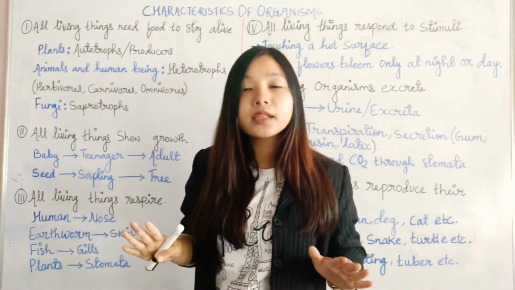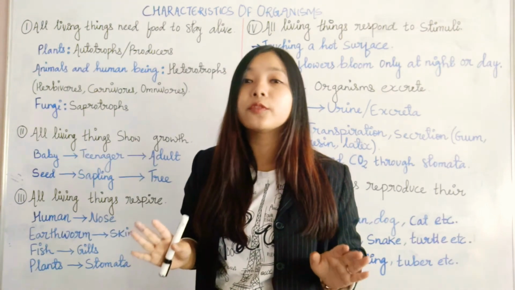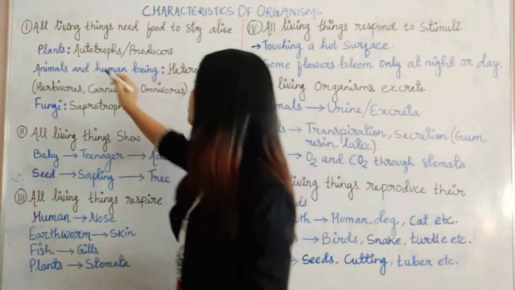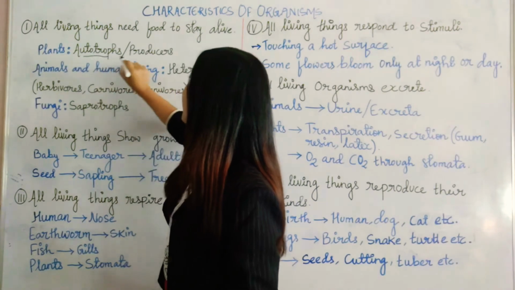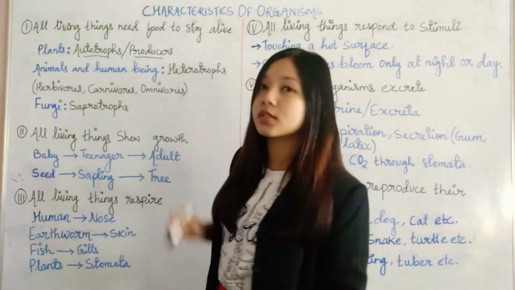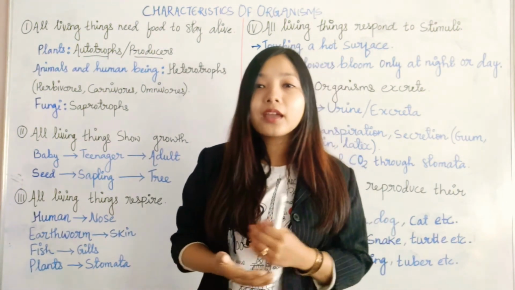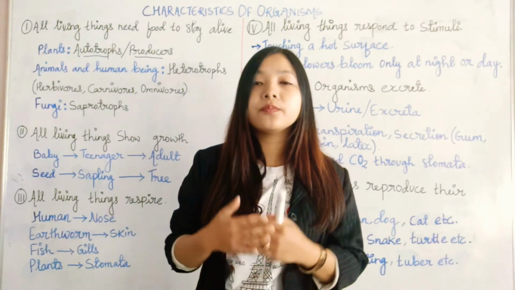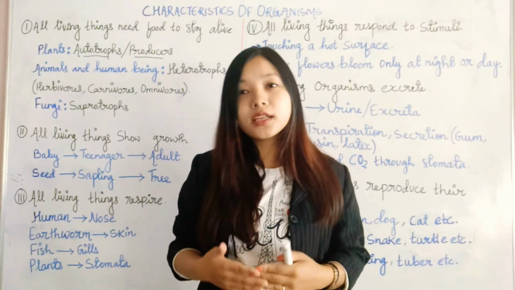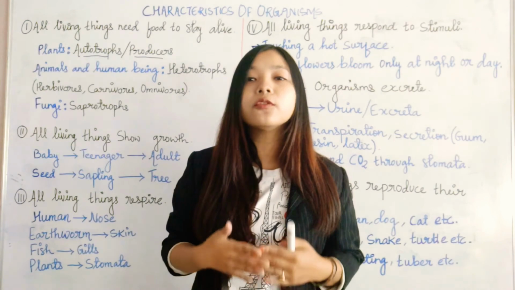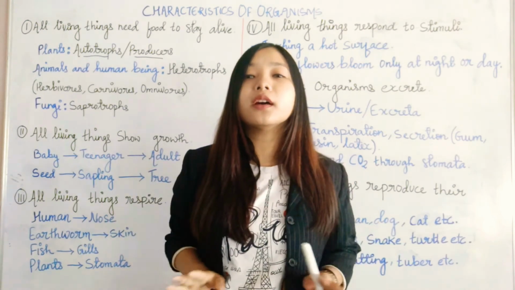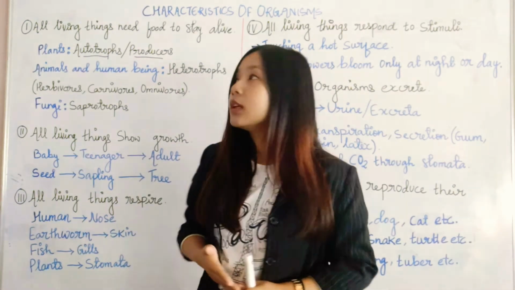They do not depend upon any other organism for their food. Hence, they are also called autotrophs or producers, because the plant is the organism which directly or indirectly is responsible for the food of every other living organism.